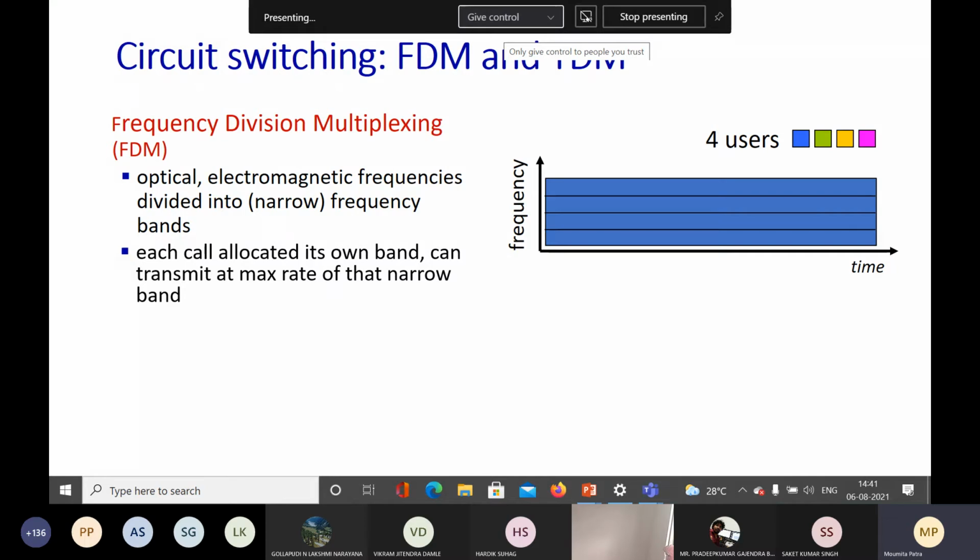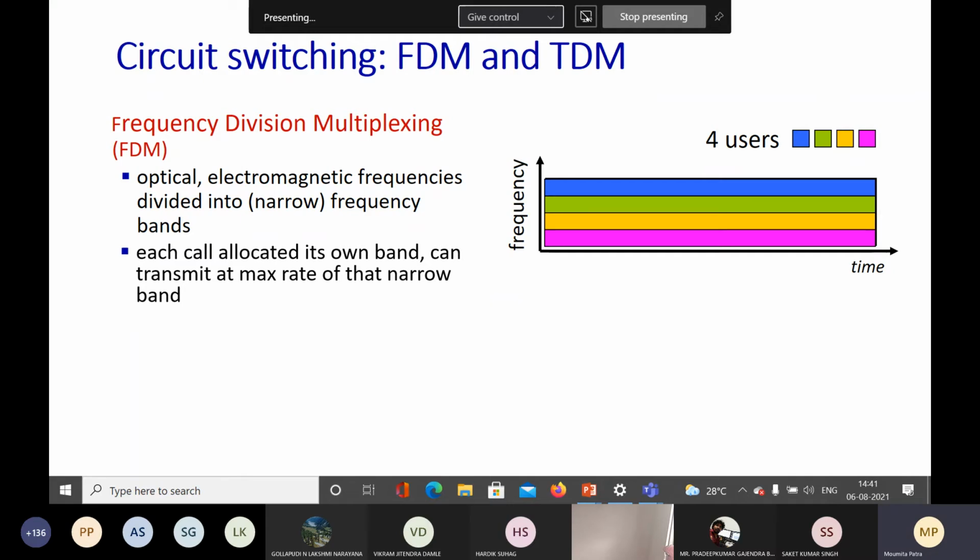They have their own dedicated channel over which they can transmit their data by just doing FDM. Just look at this one. These are 4 different users given by different colors, transmitting over these different frequencies.